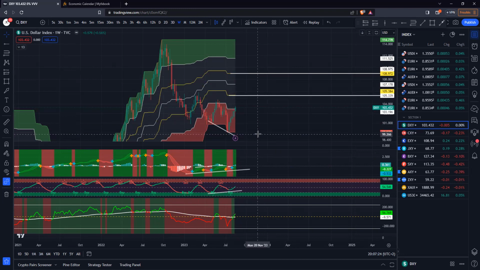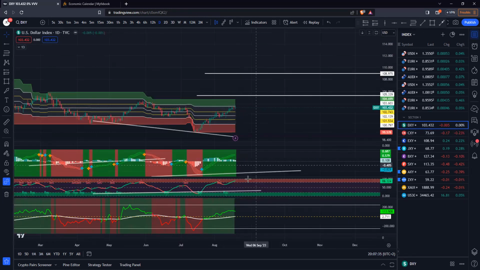That's what I'm waiting for, and that's what I want to see from the DXY.